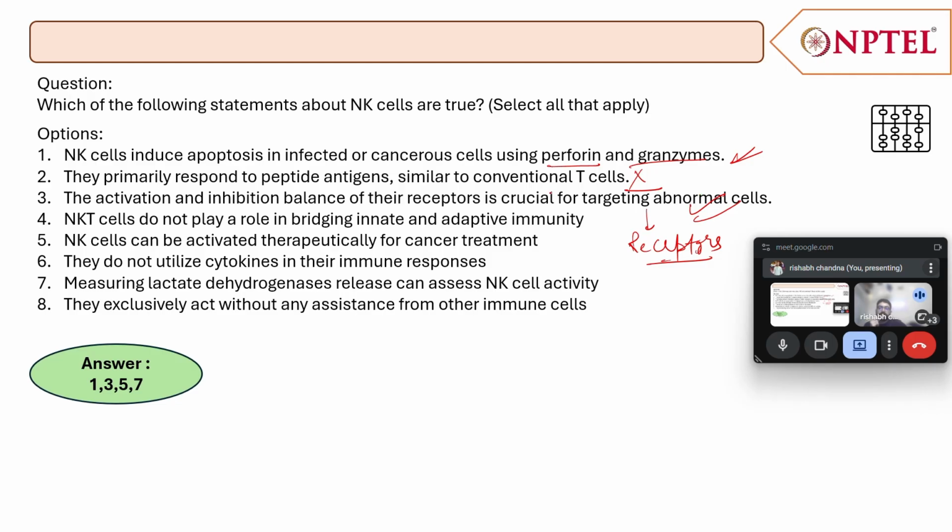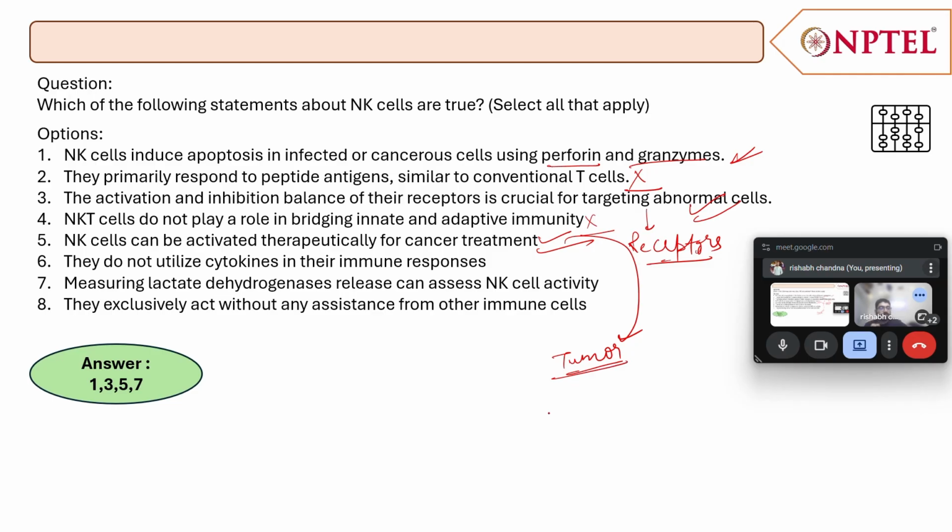NKT cells do not play a role in bridging innate and adaptive immunity. Yes, this is false. NK cells can be activated therapeutically for cancer treatment. Yes, this is correct because these cells directly target the tumor.